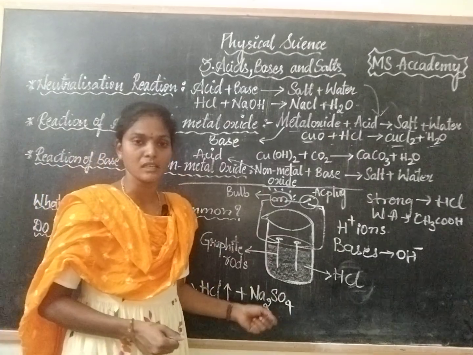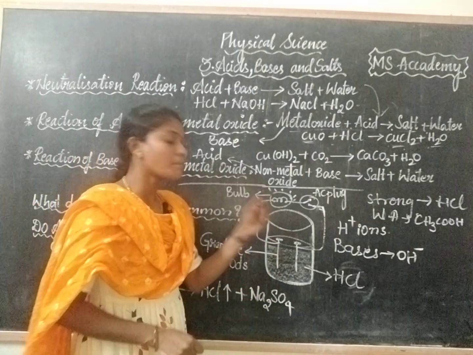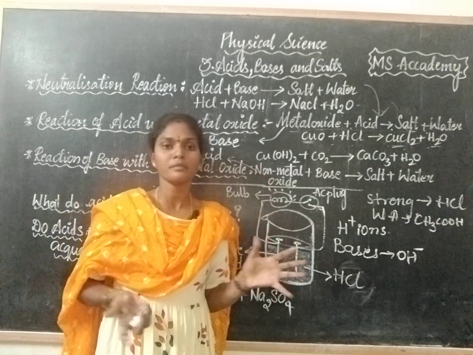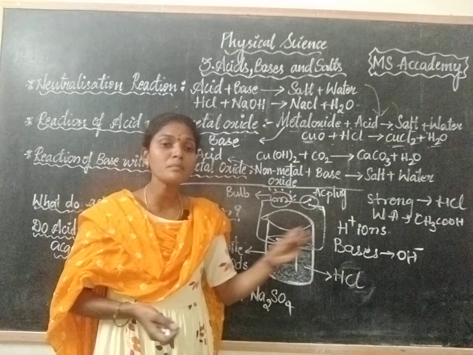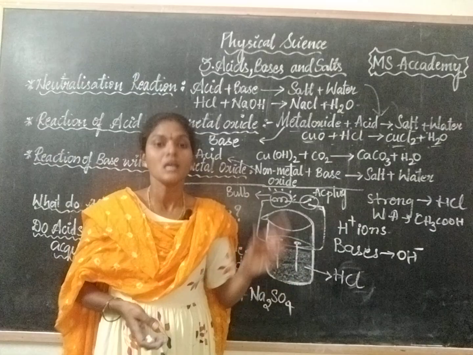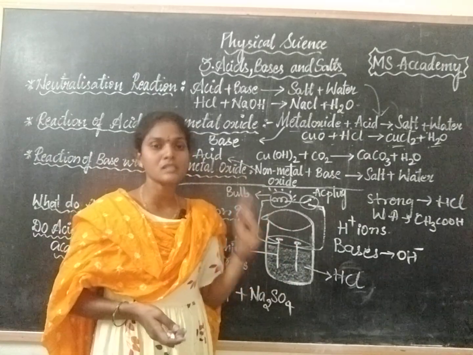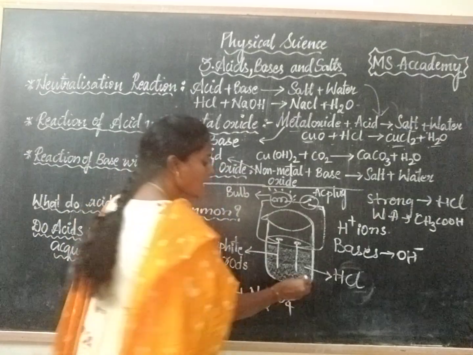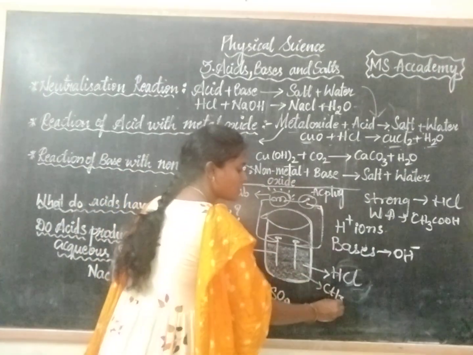When I take HCl, you can observe the bulb glows with more intensity. Okay? When the bulb glows with high intensity, then we can say that HCl is a strong acid. Now, after HCl, I am taking acetic acid, CH3COOH.